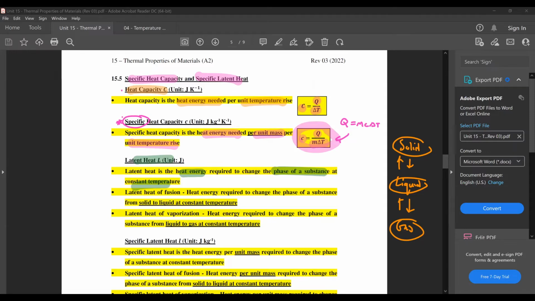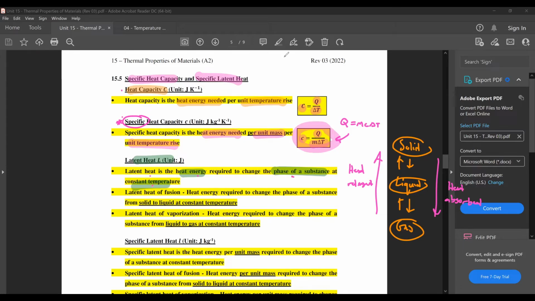Either heat energy will be absorbed or either heat energy will be released. If you're going in this direction, heat must be absorbed. But if you're going in this direction, heat must be released. Okay, so latent heat is just simply heat energy required to change the phase of a substance at constant temperature.